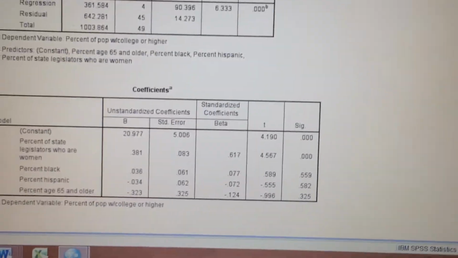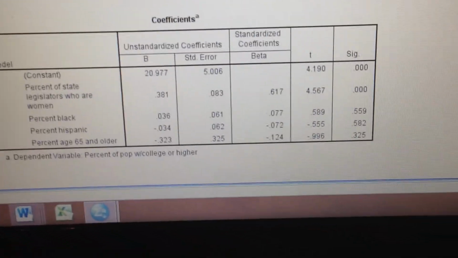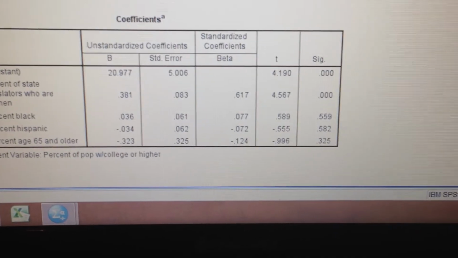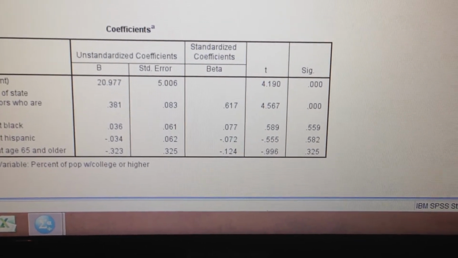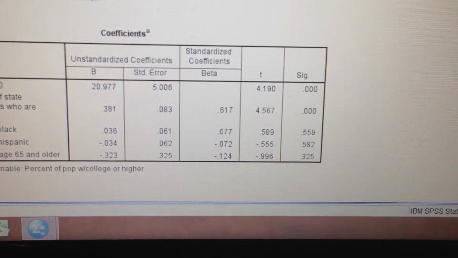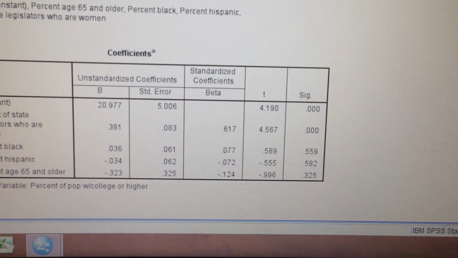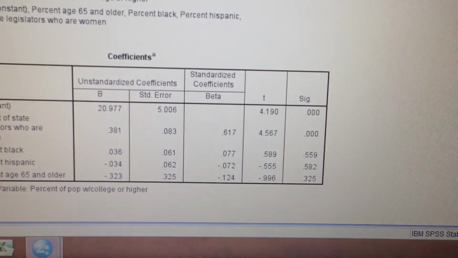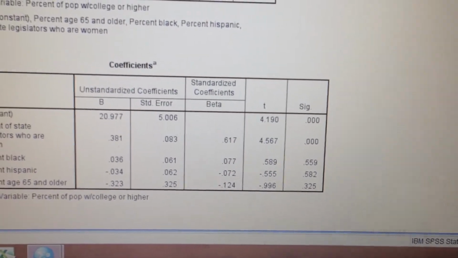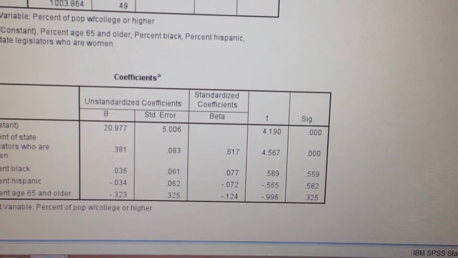It's like we created two states that are exactly the same, have exactly the same percentage of their population that's black, exactly the same percentage that is Hispanic, exactly the same percentage that's 65 or older. We created two states that are exactly the same across those three dimensions, except one of them has 1% more of their state legislatures be female, all right?